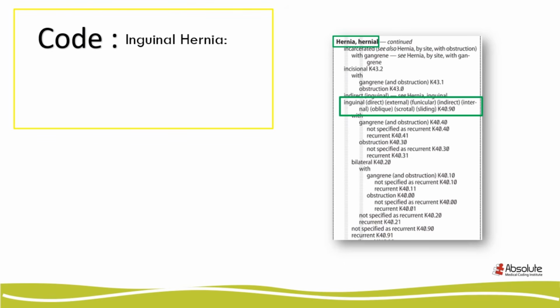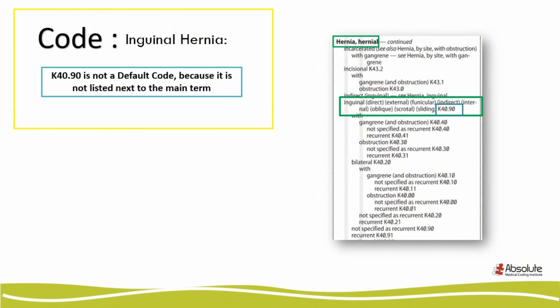And I want to point out that K40.90, I'm going to ask you, is this our default code? Yes or no? If you said no, outstanding. It's not a default code because remember, your default code is the code that's next to your main term, and inguinal is not our main term.